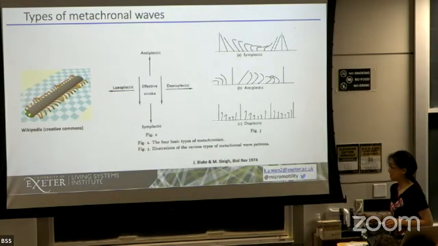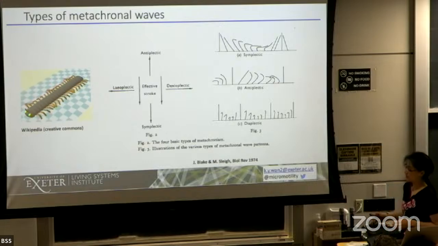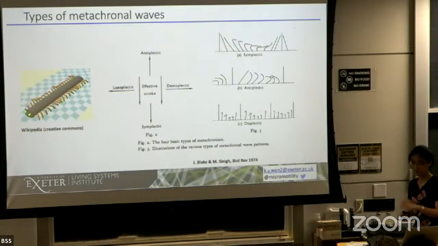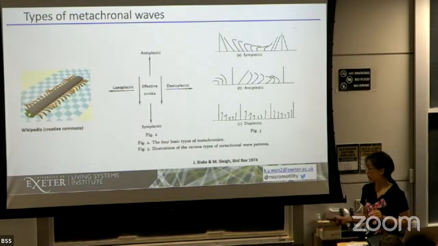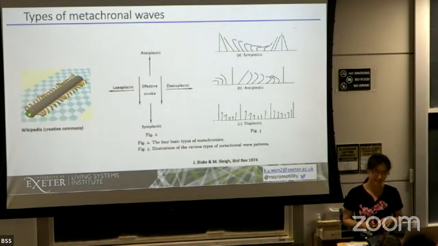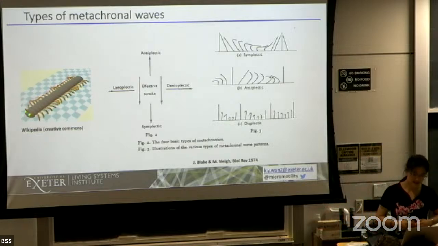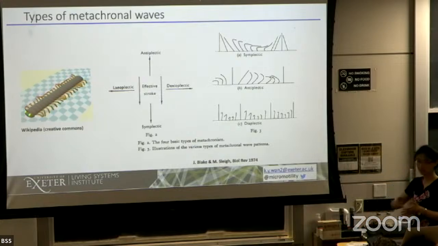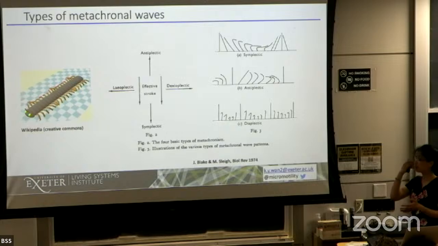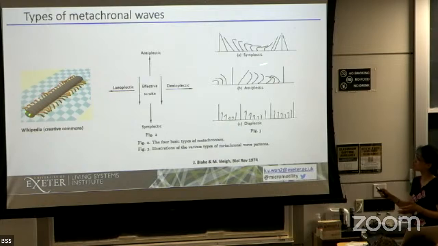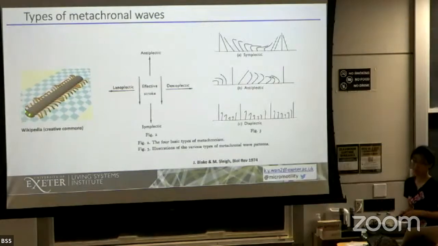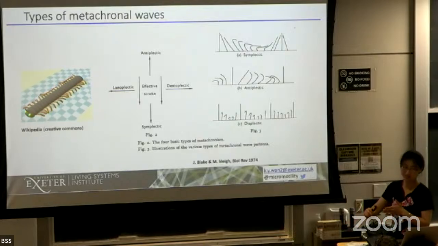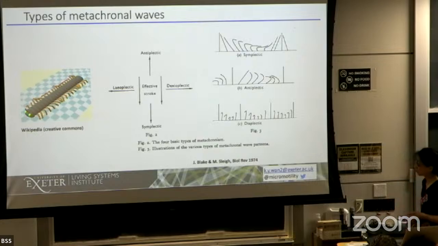The basic idea is that you can have one of four different types. If you imagine the direction of the power stroke, which is also known as the effective stroke, and the direction of the wave, then either these things are in line with each other, in which case you would have either symplectic metachrony or antiplectic metachrony, depending on whether they are parallel or anti-parallel vectors.